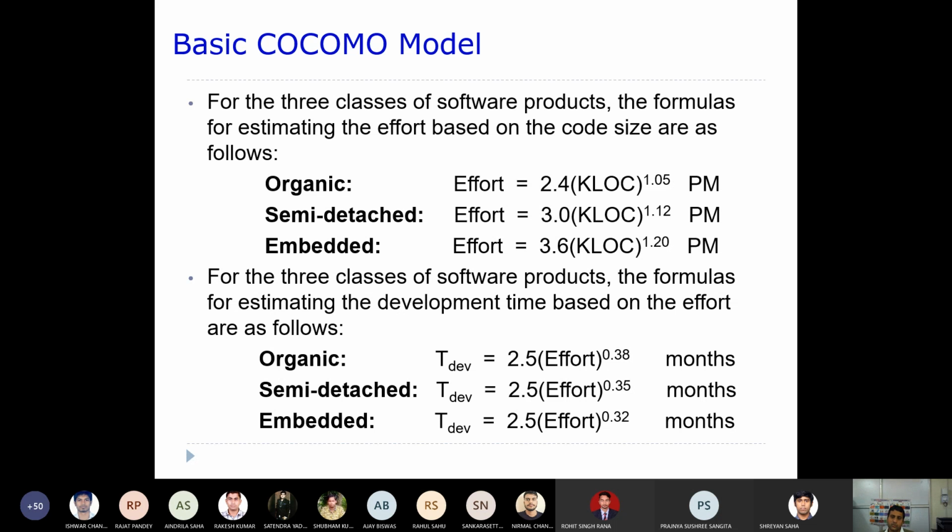Something that requires more effort should also take more time, right? Effort is how many people work on a particular project over a certain duration. If more people are deployed and working for a longer time, we say that in terms of effort, but the development time is suddenly decreasing. Why is it happening? Is there any reason?